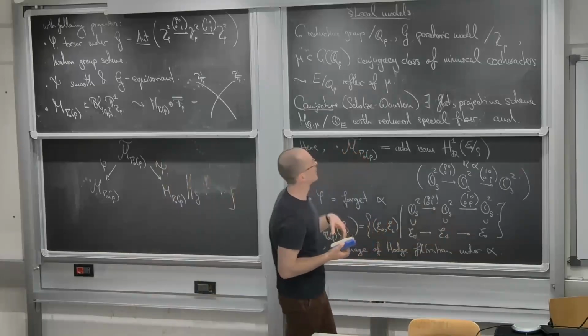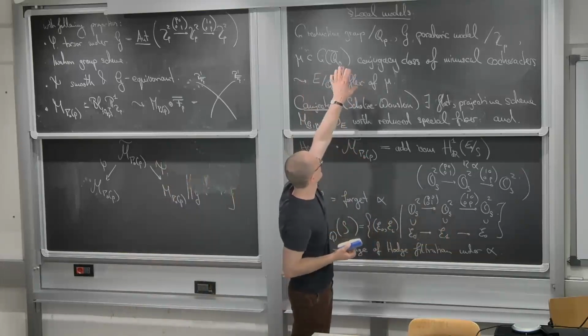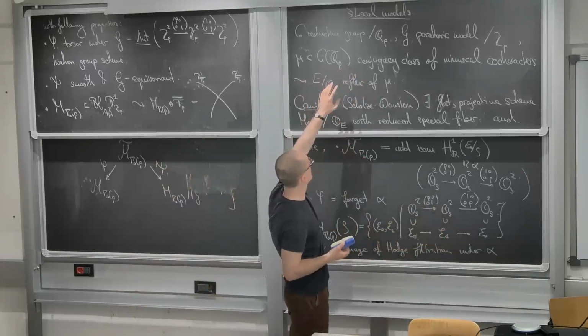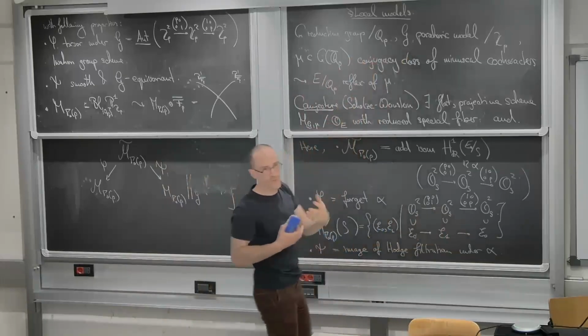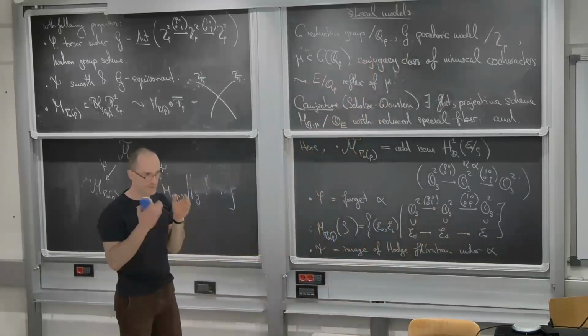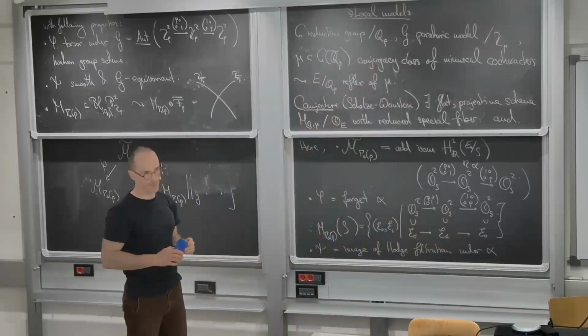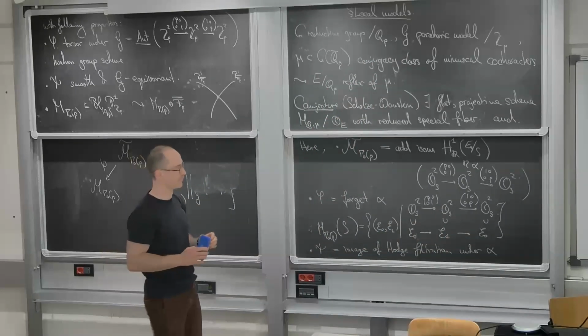Okay. So in application, such a triple here, or in fact just a tuple, because this knows about G. Yes. This tuple would come from a global situation, and you would localize at the given prime number p. Okay.